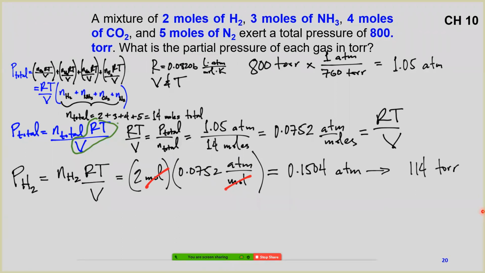All right, we can do the same thing for the other gases here. What do we have? We have the pressure of NH3, pressure of carbon dioxide, and the pressure of nitrogen gas.